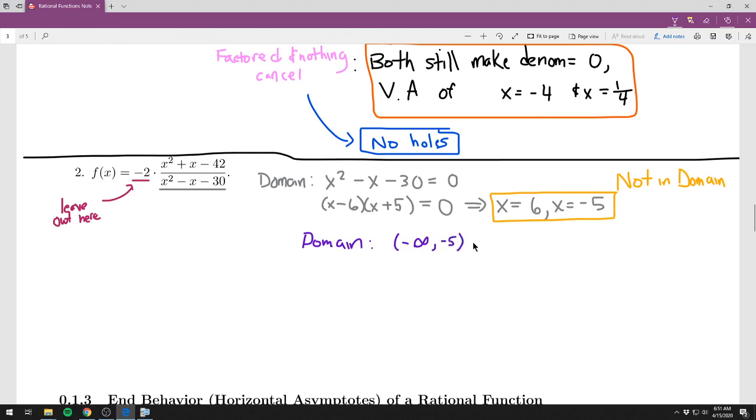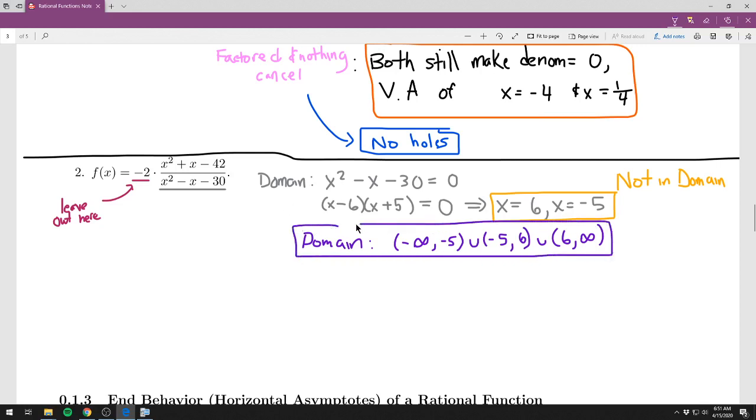Parentheses, because we're not including it, union. We jump over the -5 and up to 6. Parentheses, because we're not including it, union. And then we jump over the 6, and there's nothing else stopping us. We're going to infinity. It's supposed to be a parentheses, and I'll make it more round. But that is the domain in interval notation.